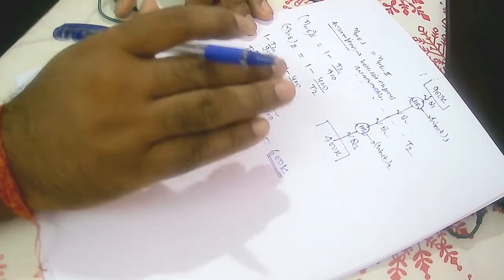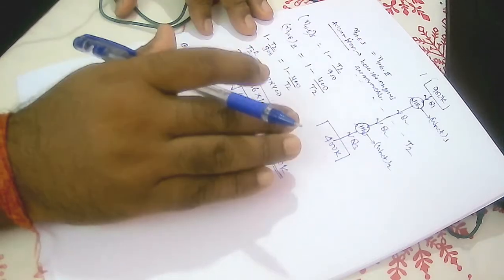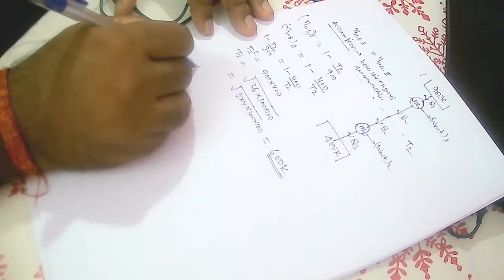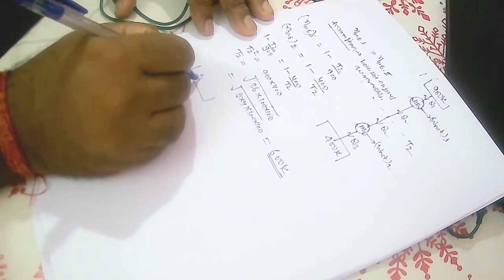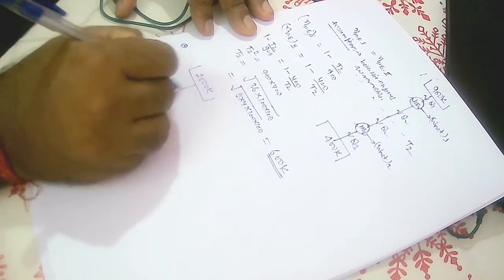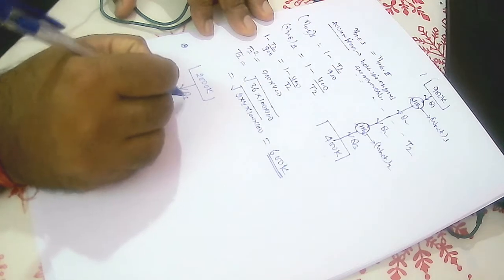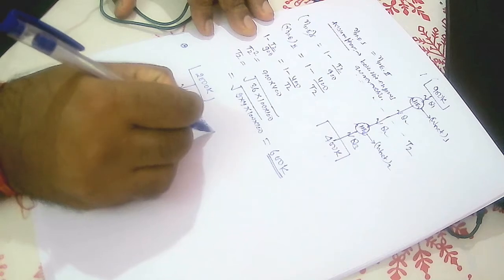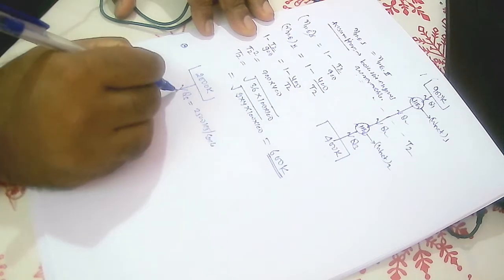It is given a reversible heat engine absorbs 2500 kilojoule per cycle of heat from a constant temperature heat source. So heat source is given 2000 Kelvin. From here it is taking heat, how much? 2500 kilojoule per cycle. And this is the heat engine.